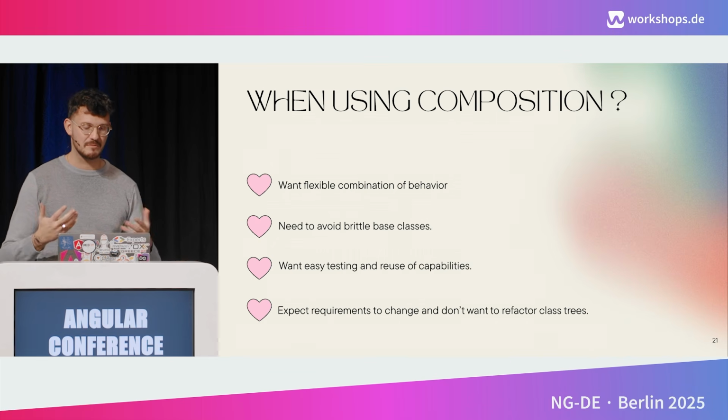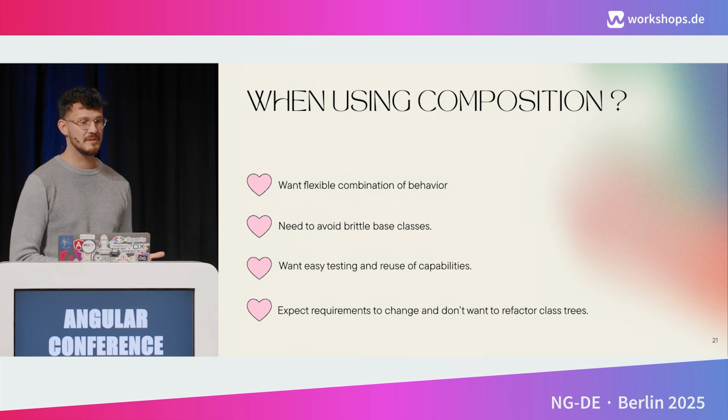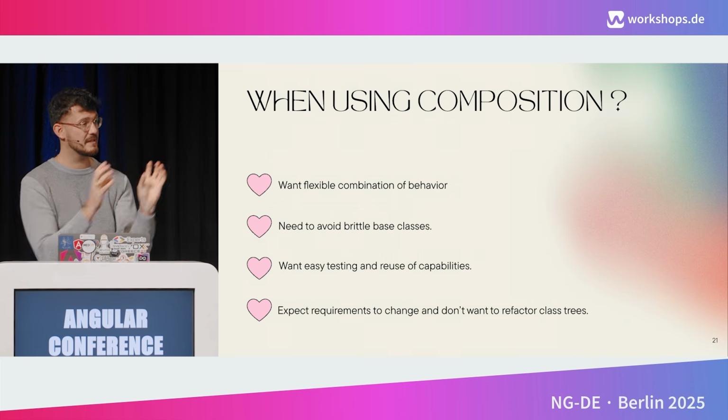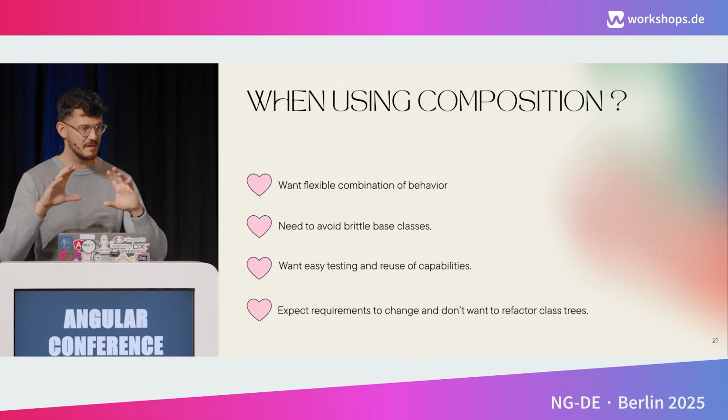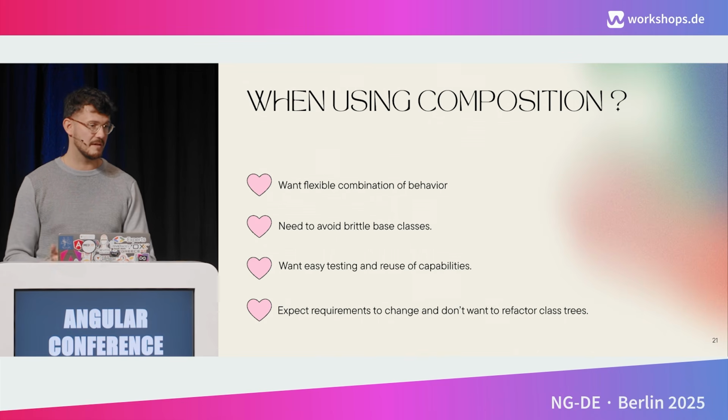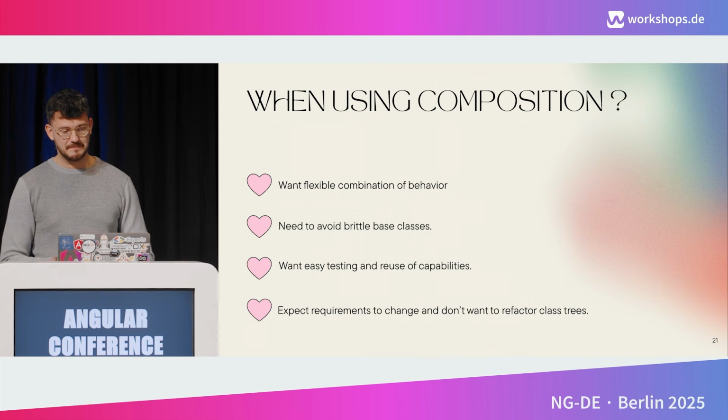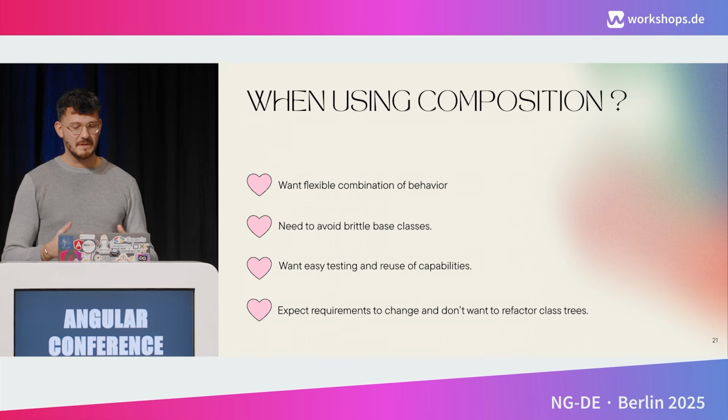And when you want something easy to test and a high reuse of capabilities. Because when you have spaghetti class inheritance, it's so complicated to test the whole hierarchy of extended classes. And finally, when you expect requirements to change and you don't want to refactor the whole class tree.